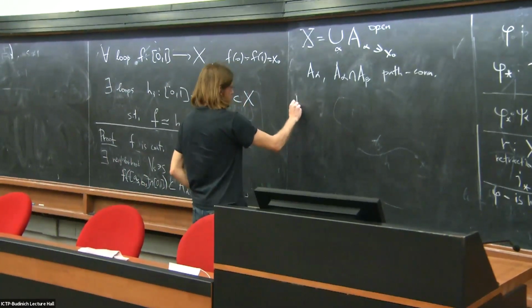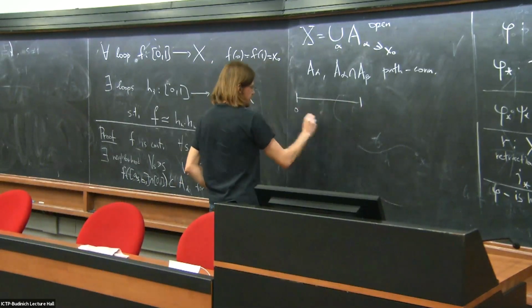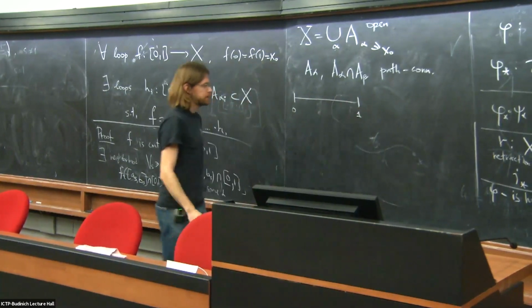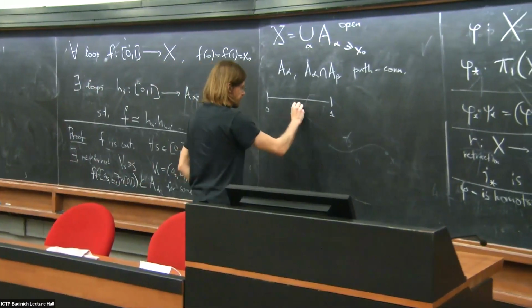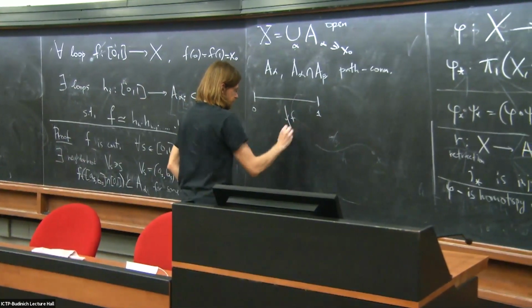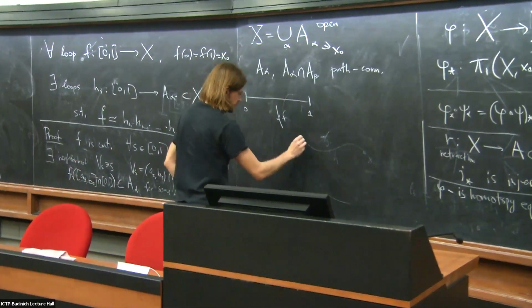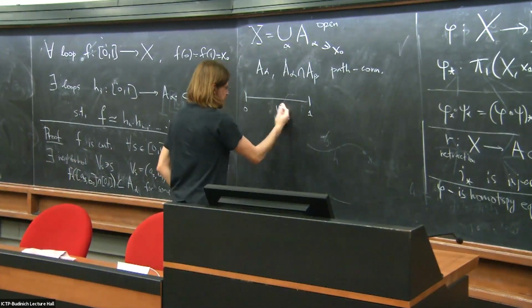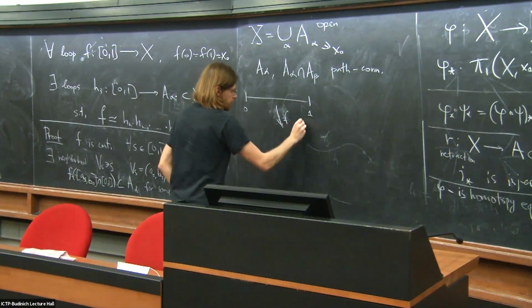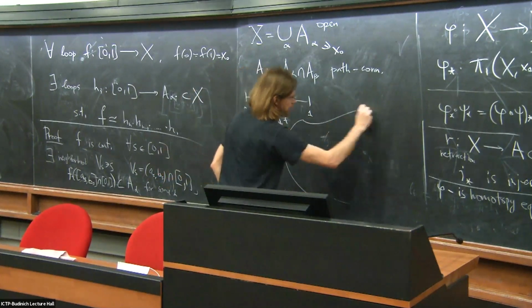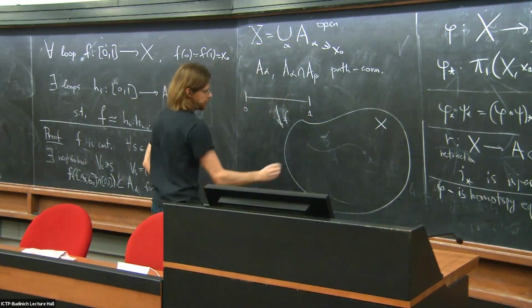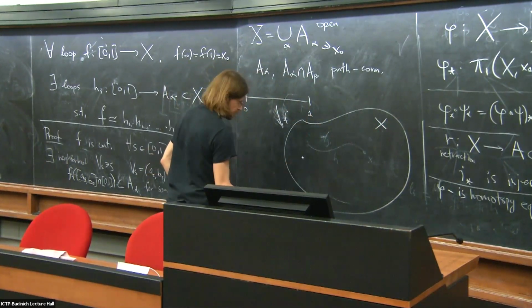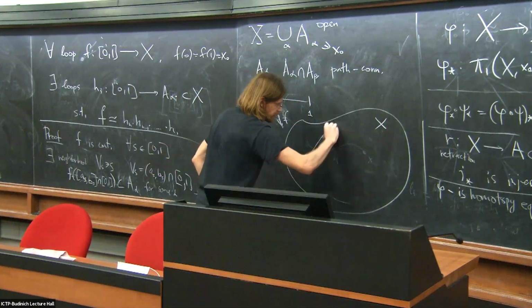So this is our interval 0, 1 on which we have f defined. f is a map into X. The image of f looks something like this.